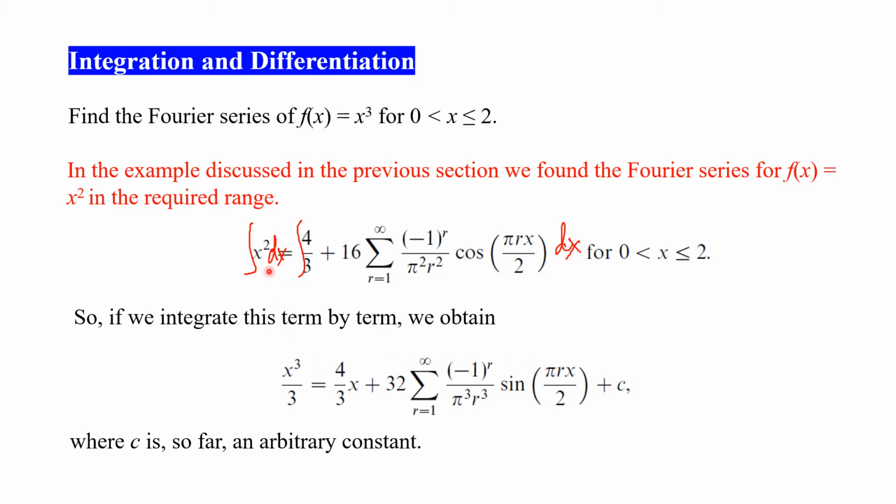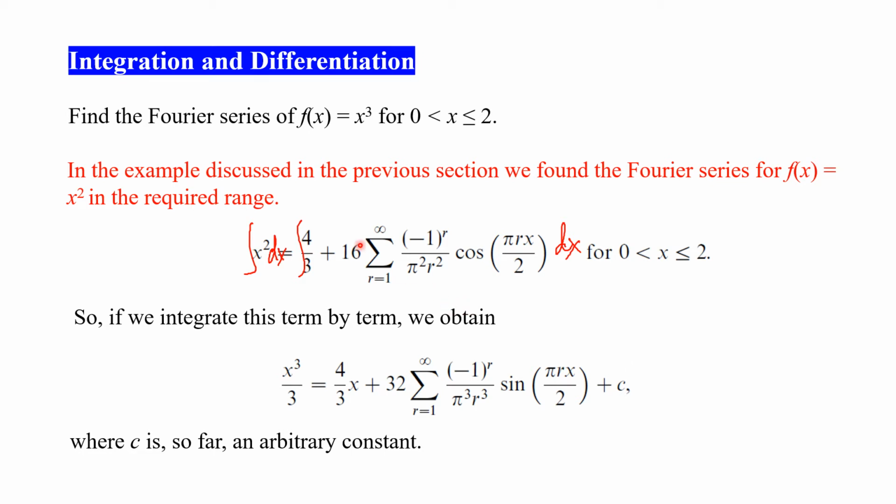So again, what we did was just to integrate the answer that we have in our previous example for x squared, and get an x cubed term, which is what we have here, where c is so far an arbitrary constant.